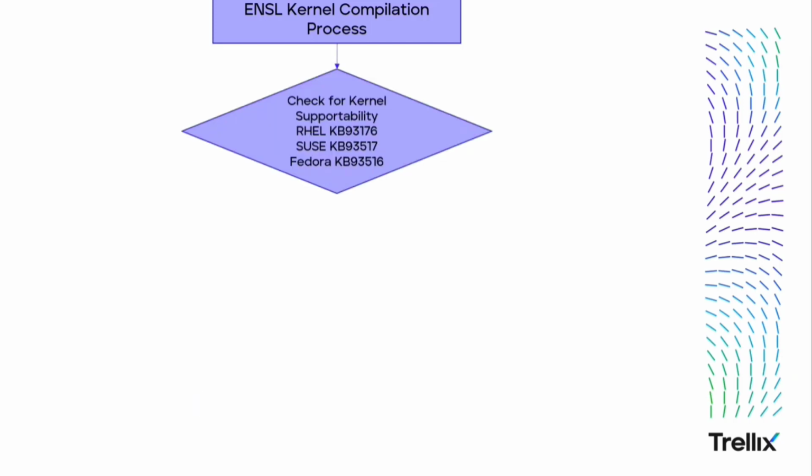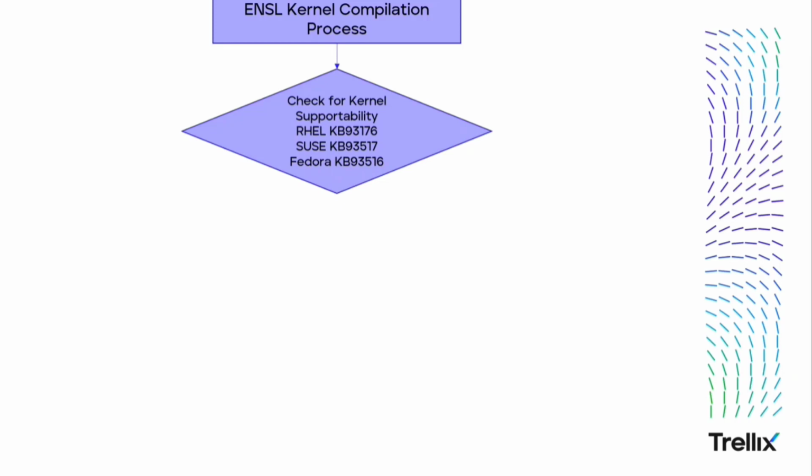Moving on to our next topic, which is the kernel compilation process. Kernel plays a major role in the functionality of ENSL. Hence, in order to avoid any functionality errors, we recommend ENSL be installed on a supported kernel version. Kernel supportability can be seen in the below mentioned KB articles.